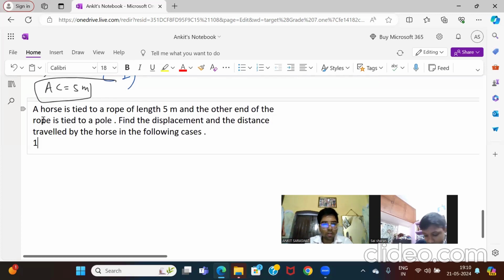First, when the horse makes half revolution along a circular path.